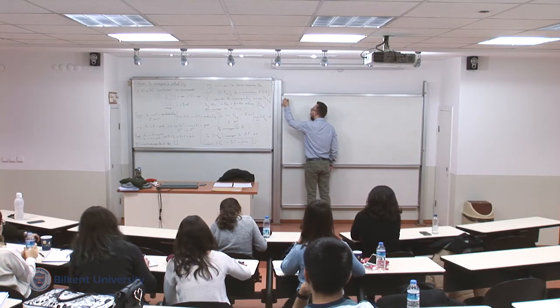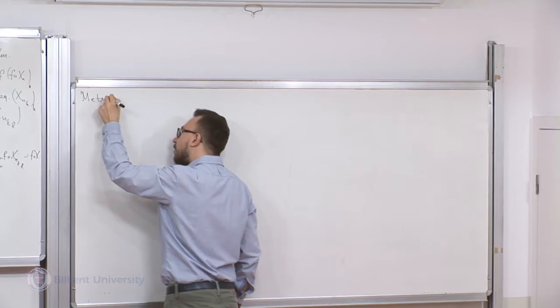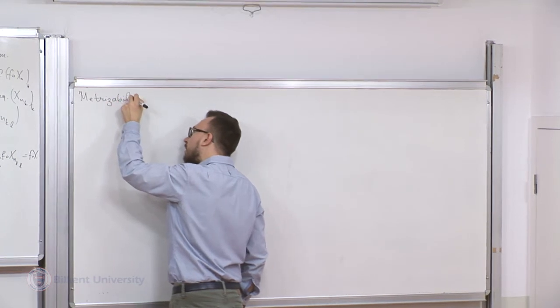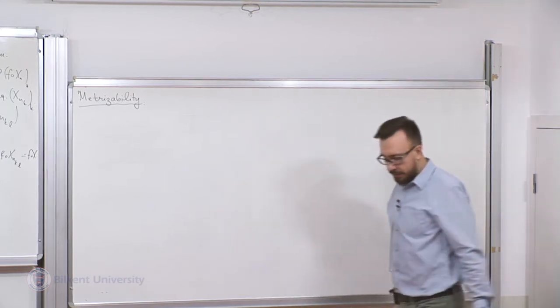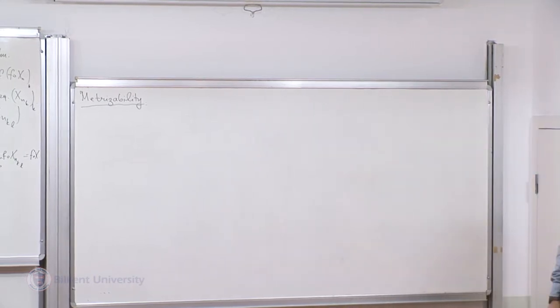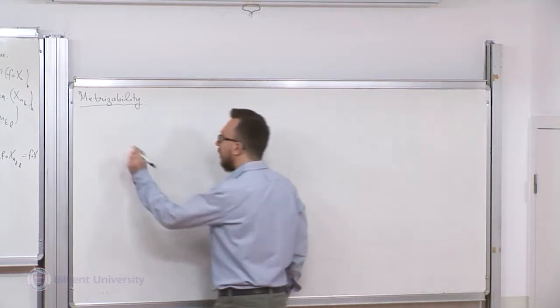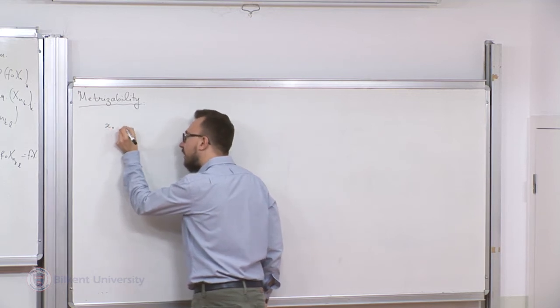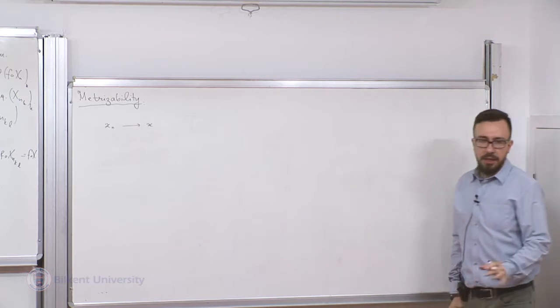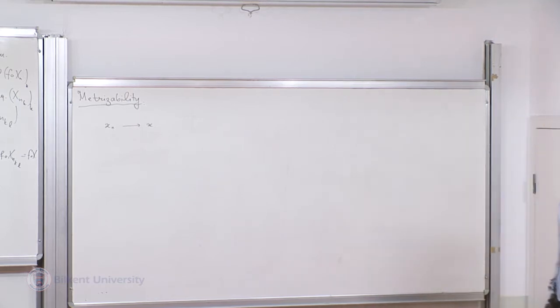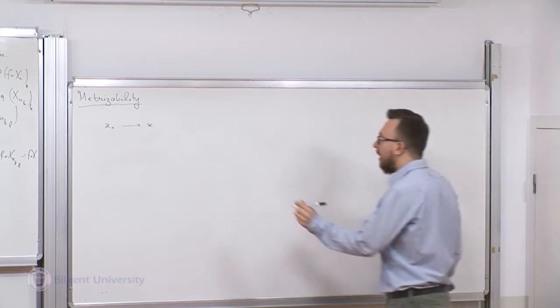So one other thing about convergence in probability is its metrizability. Okay, what is metrizability? So let's think about the real line, okay? So let's say you have a sequence that converges to x, in the usual sense. These are just real numbers. So what does that mean?